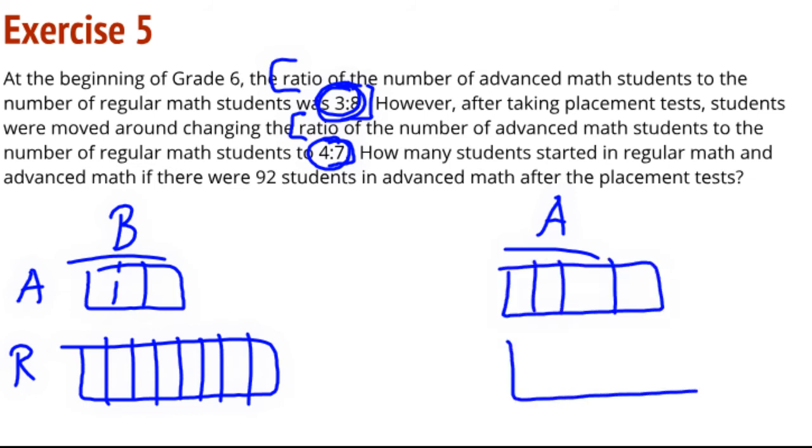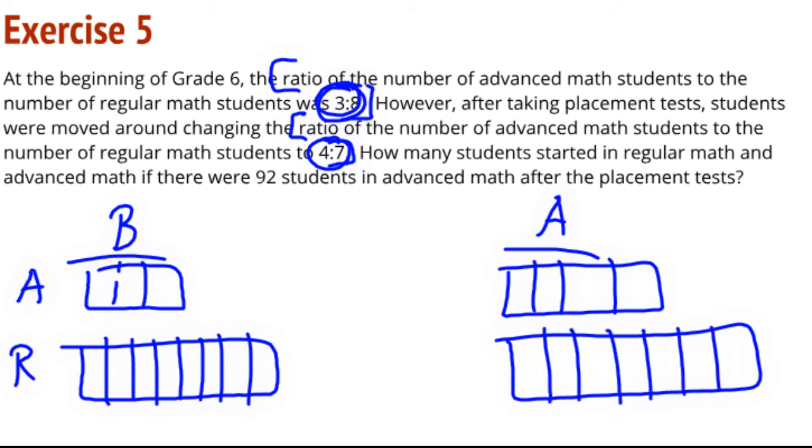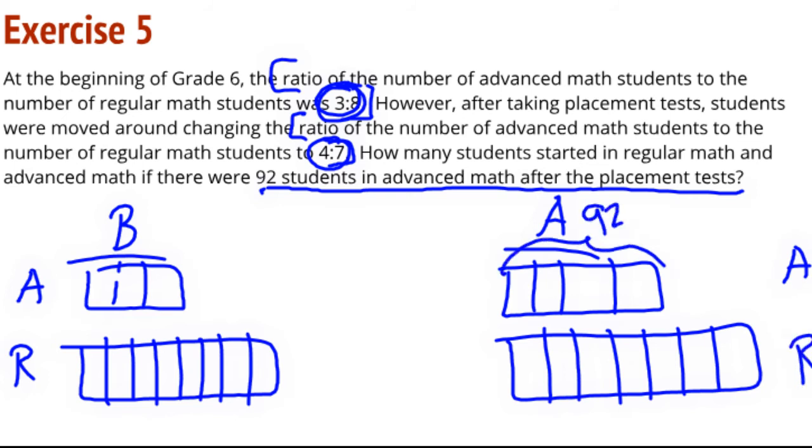And I've got 7. And it says 92 students in advanced math after the placement test. So 92 goes right here.